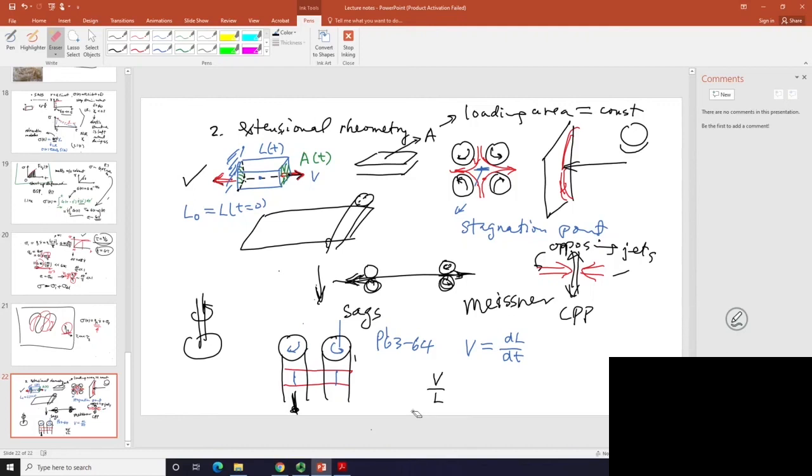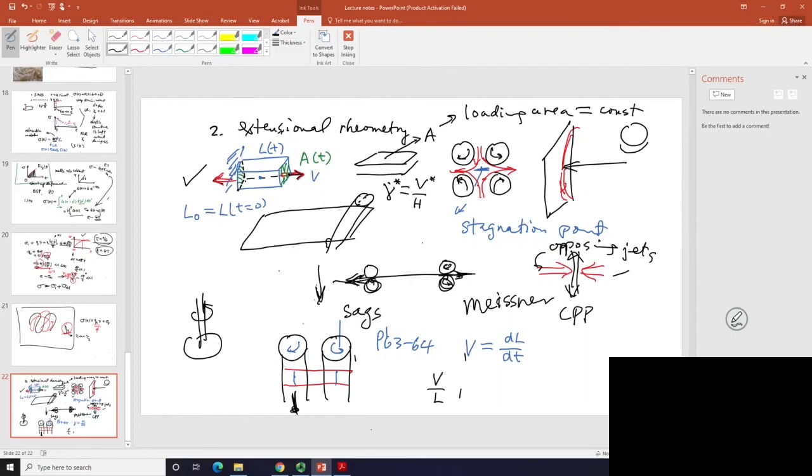Just like previously we had for shear, that we eventually were able to show, and it's also in the book, in the homogeneous limit, the shear rate is constant as soon as you are maintaining a constant speed on the plate, because this gap is constant.